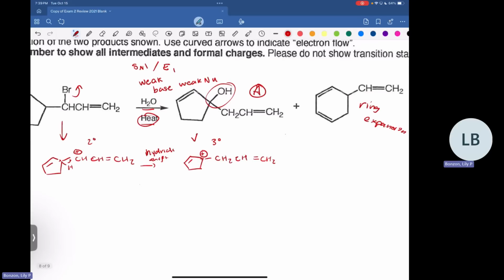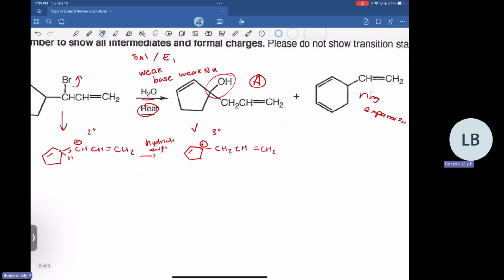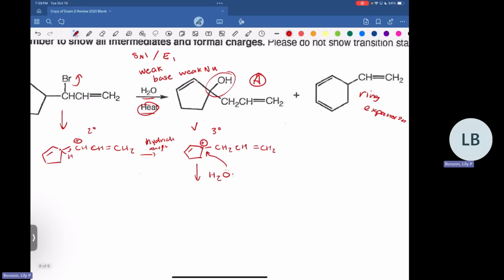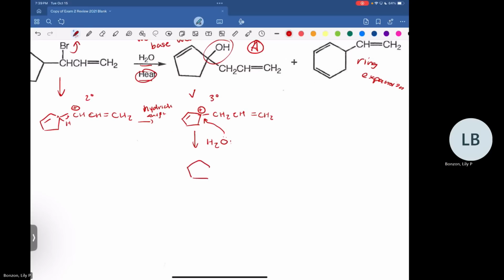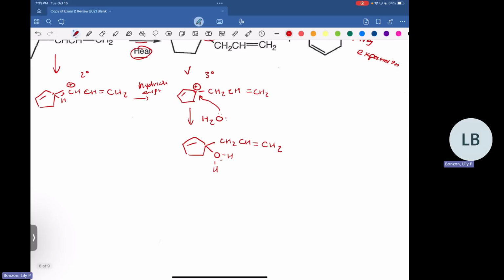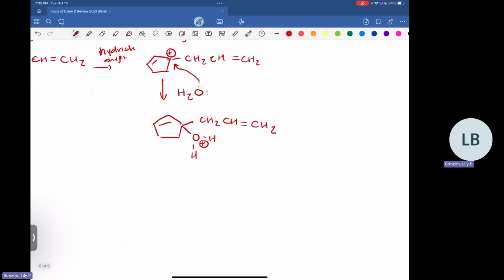And now from here, we can attach our OH to our molecule. So we're going to attach our nucleophile to the positive charge. And we still have both of those hydrogens attached onto that water molecule that we just used.